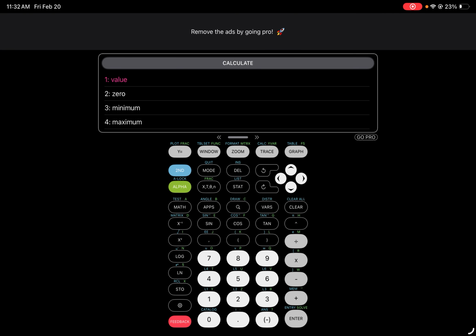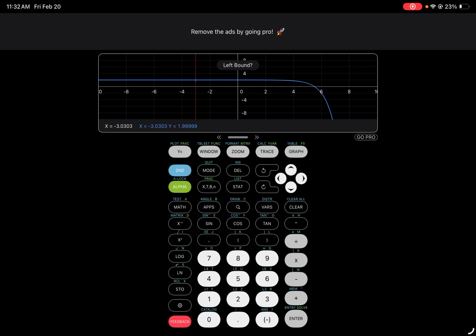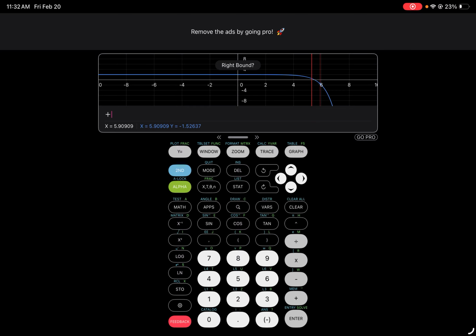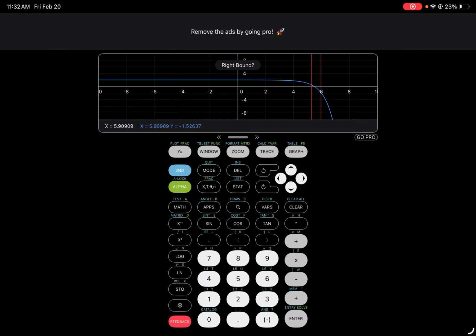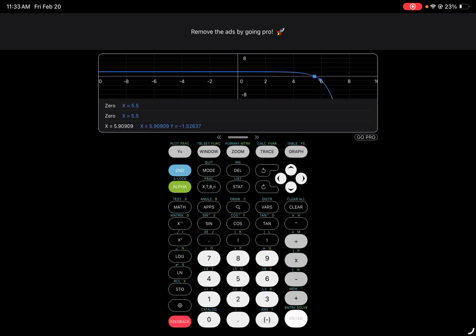And we're going to calculate the 0. We gotta scroll over. Unfortunately, I can't just hold the button down on the iPad. So here I'm scrolling. Enter. Enter. We got a right bound. And we have a 0 at 5.5.